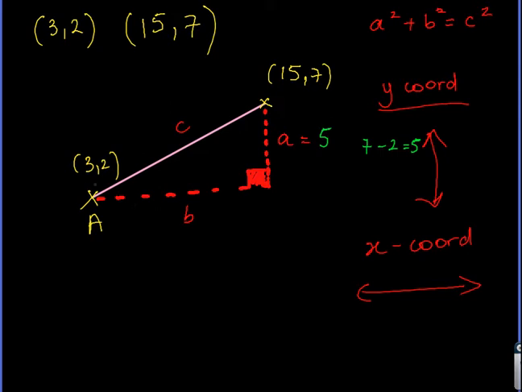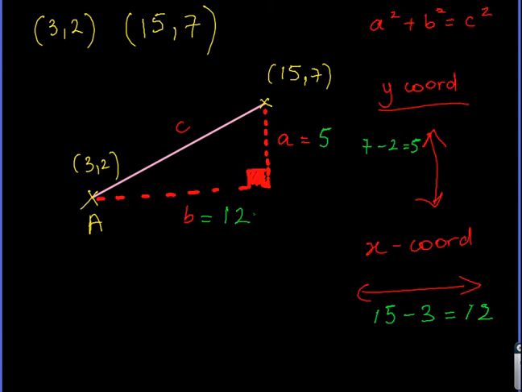And to find the length along the x coordinates, for B, I'm going to look at the x coordinates. Here we've got 15 and here we've got 3, and 15 take away 3 gives me 12. So basically B is equal to 12.